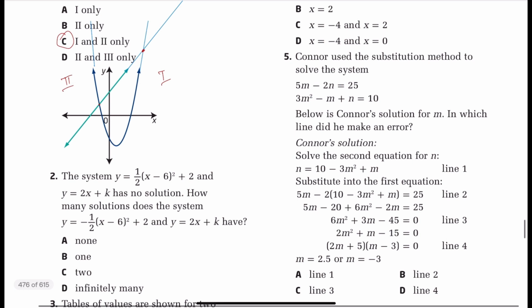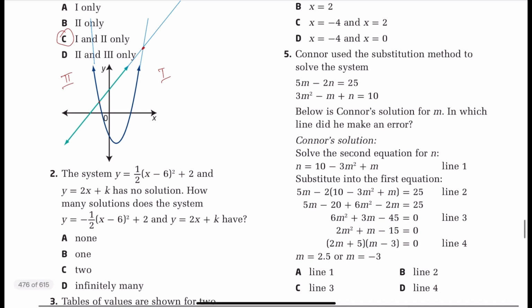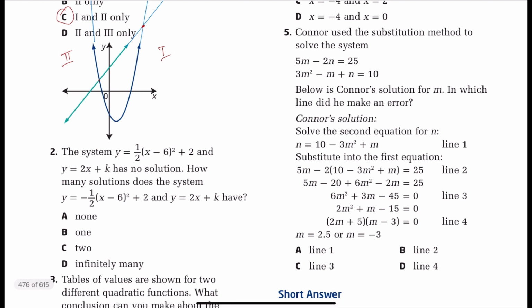So the second question is the system y is equal to this. This is the system we have, and they say this system has no solution. How many solutions does this other system have?